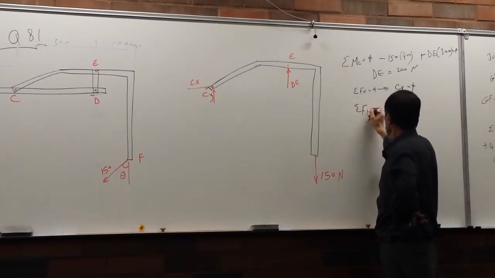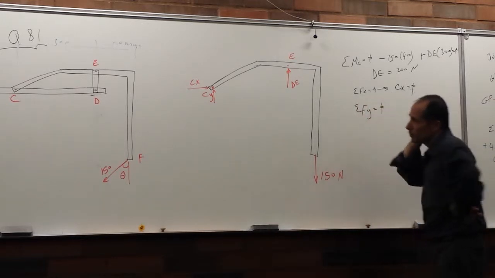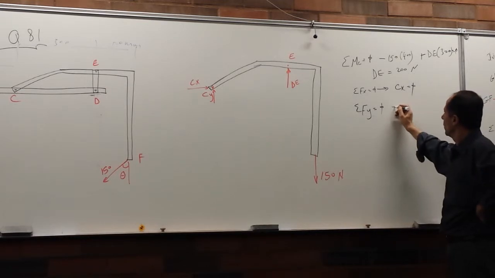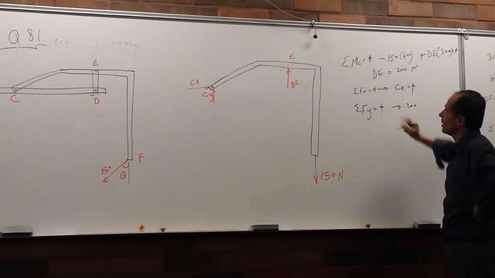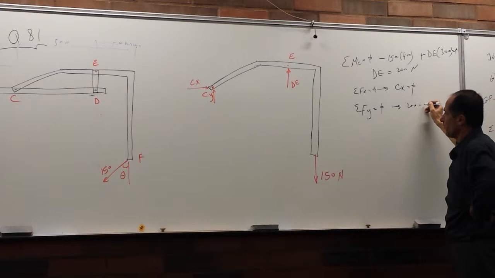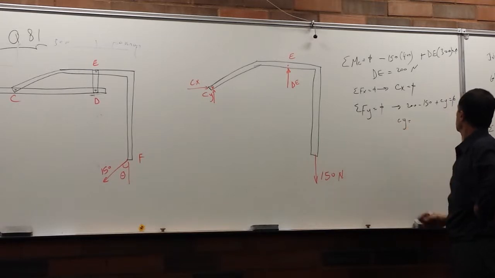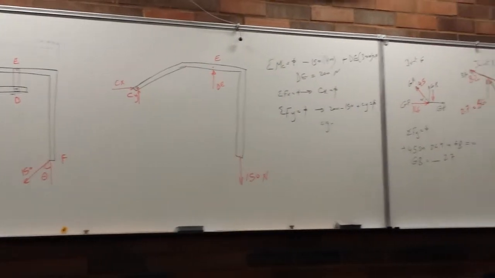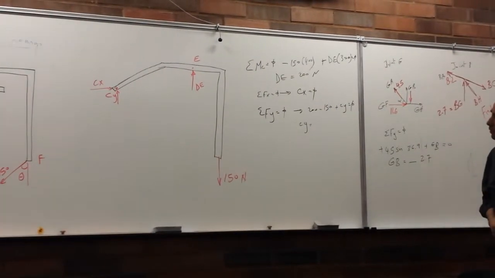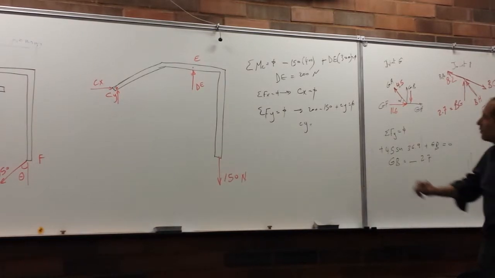Sum of forces on Y equals 0. We have 200 hitting up, 150 hitting down, CY hitting up, equals 0. CY equals 150 with 200, there is 50 positive, negative 50.